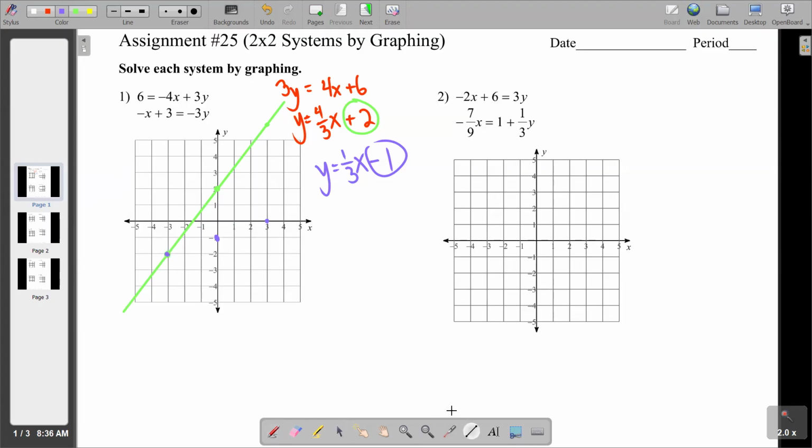And then you graph the line, and then you have to name the point. The solution point is really what we're after here. So what is the name of that point? -3, -2. And we're done. Problem 1, done. Good? Okay.